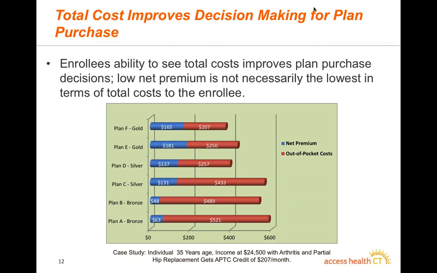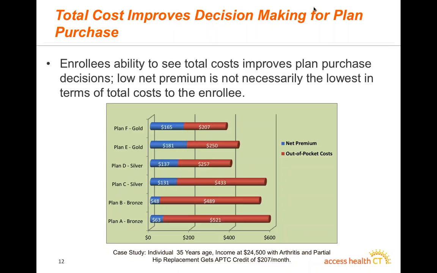If I have to choose a bronze plan, I most probably will buy the plan B. And if I were buying a silver plan, I will most probably buy the plan C. And if I were buying, why should I buy a gold? I mean, I could get the bronze or silver so much cheaper. Everybody is buying the silver, so let's pick up something silver. The question is, as you bring these two together, now you know through the tool what will be your out-of-pocket cost on the same basis, let's say per month.